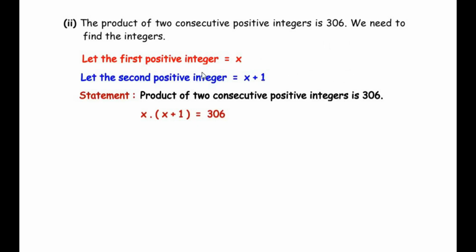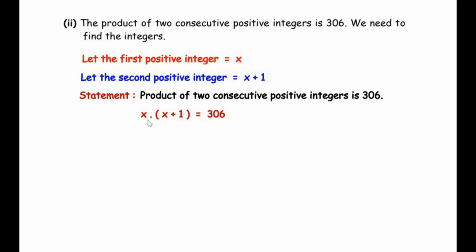Now once we have considered these positive integers, let us focus on the statement. The statement is the product of these two consecutive positive integers is 306. So basically we have to multiply these two integers. So here we have written x times x plus 1, and the product of these two numbers should be equal to 306.